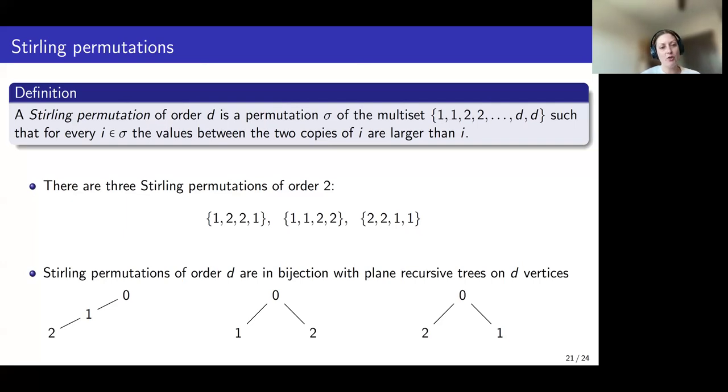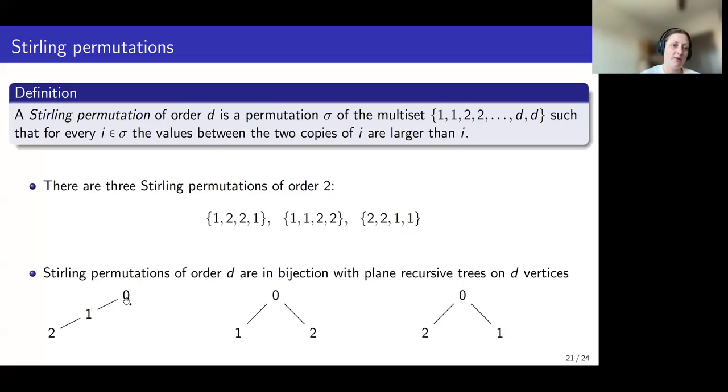And as you follow the path down from the root to any leaf, each vertex needs to be strictly increasing. So a plane recursive tree on D vertices is going to actually have, well, D plus one vertices if you count the root. But then each vertex is given a label, 1 through D. And again, as you walk from the root down to any leaf, each path needs to be increasing.